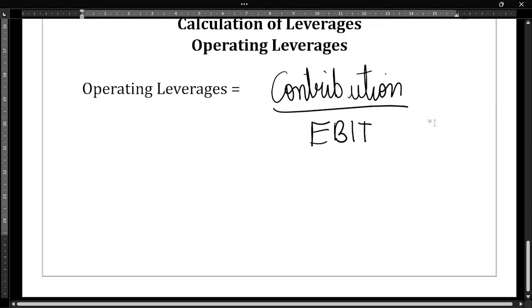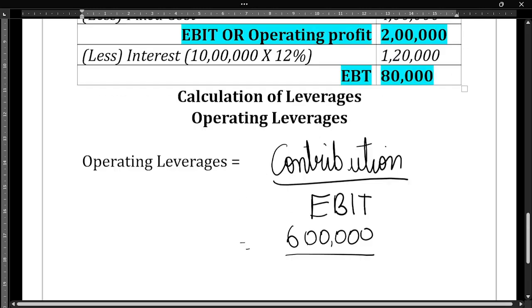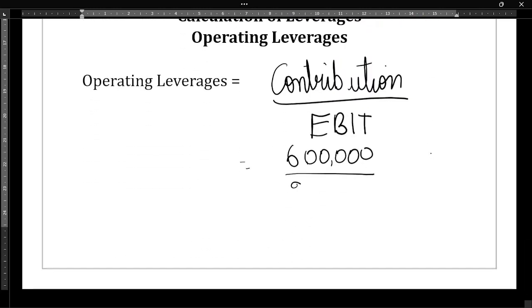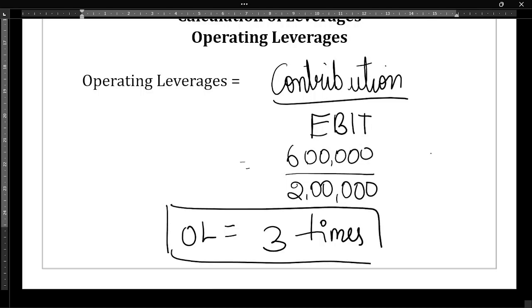Contribution is 6 lakh. How much is EBIT? It is 2 lakh. So operating leverages, when we divide, we will get how much? We will get 3. So the answer is 3 times. So 3 times is the operating leverages.